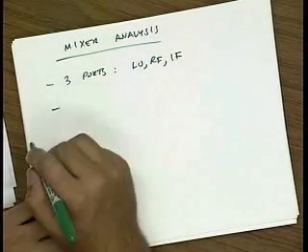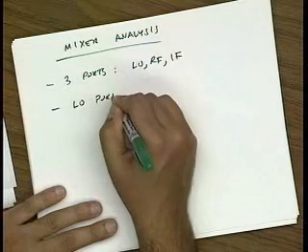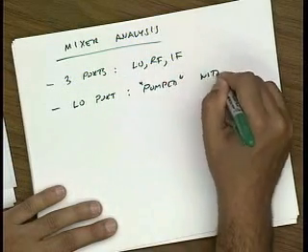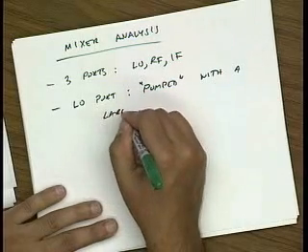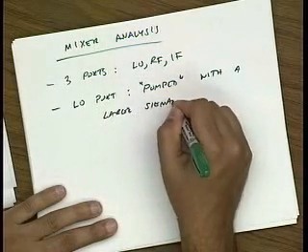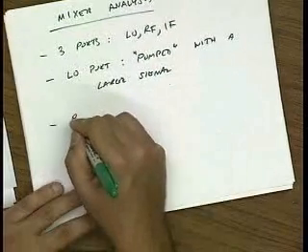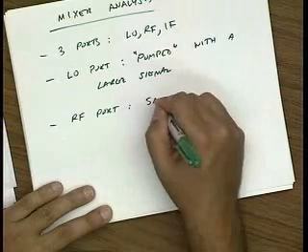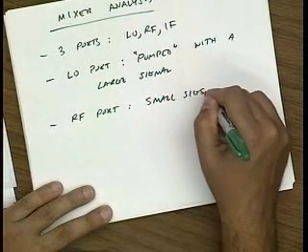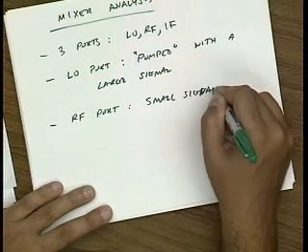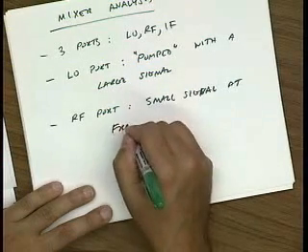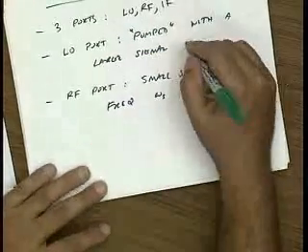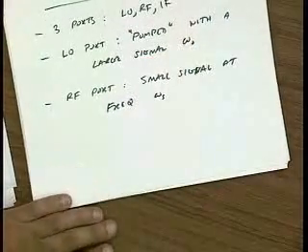We're going to assume that the LO port is pumped with a large signal, and we're also going to assume that the RF port is basically a small signal at some frequency omega s. And let's call this pumping signal omega naught.